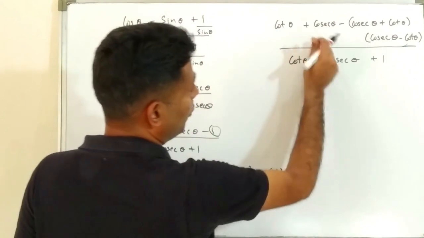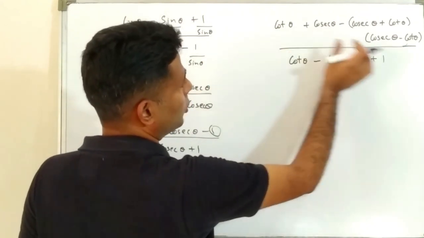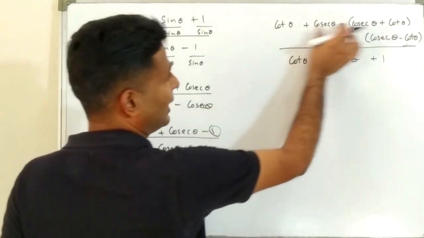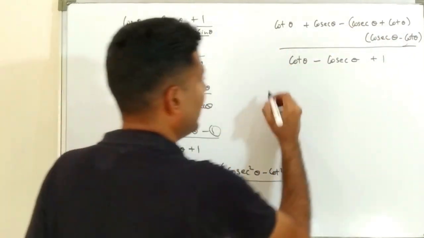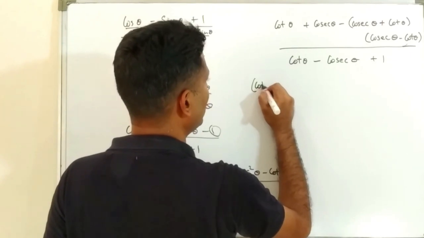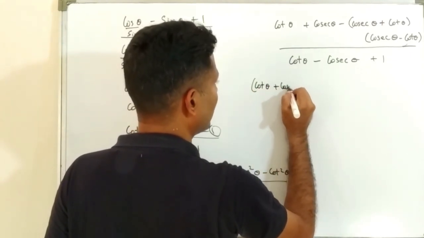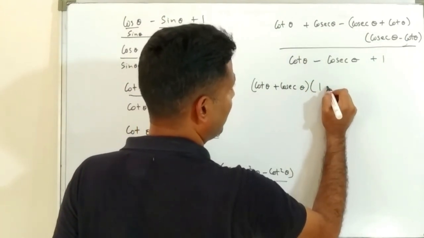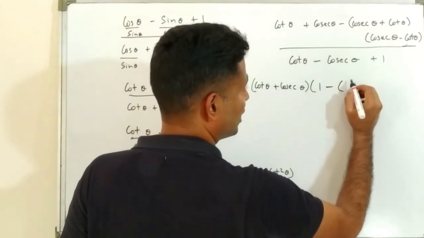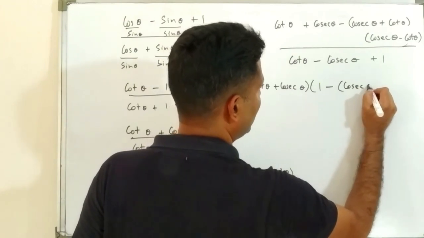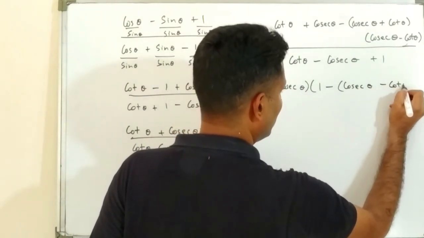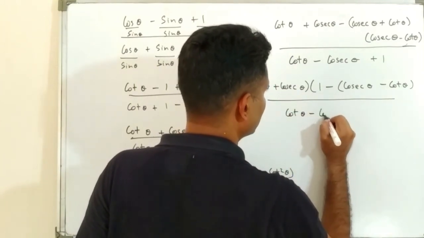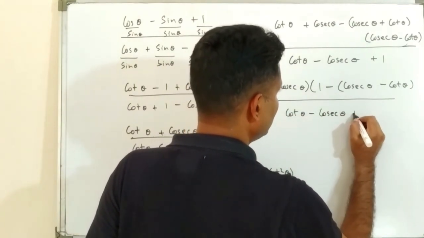So now from the top, cot theta plus cosec theta is there here, cosec theta plus cot theta is there over there. So we can take this common from the entire numerator. So we take cot theta plus cosec theta common. So what will remain here? Instead of this, 1 will remain minus, I'll put a bracket because the minus sign is there, cosec theta minus cot theta, by cot theta minus cosec theta plus 1.